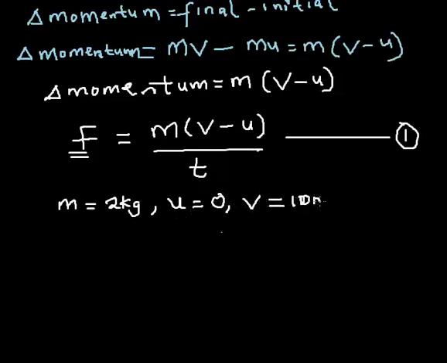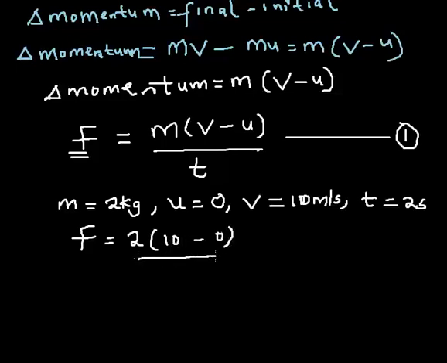If you are asked to evaluate the force on this object within 2 seconds, simple. F is equal to mass 2, open bracket, final velocity, which is 10, minus the initial velocity, which is 0, then divided by the time 2. So this will be 10 Newton. Please take note of that.